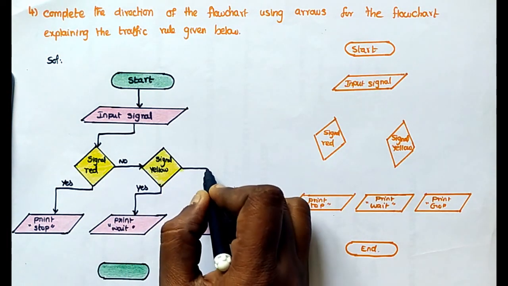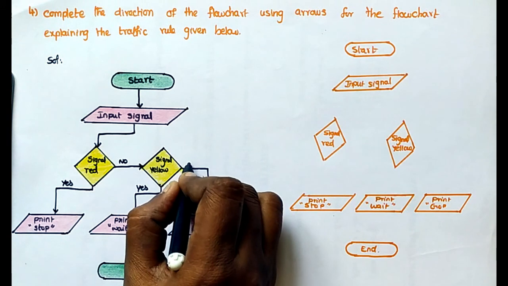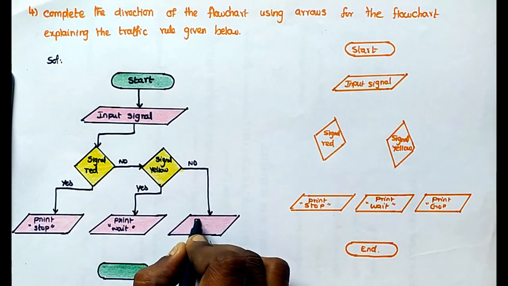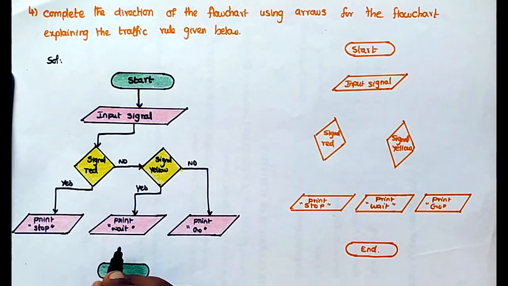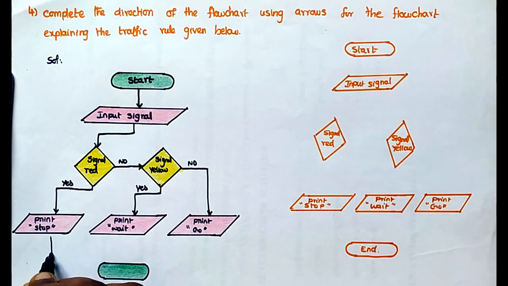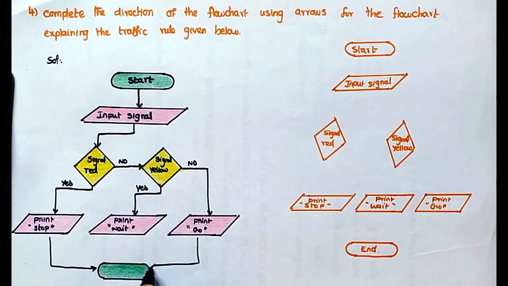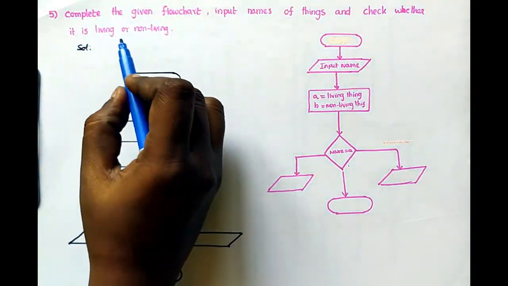No means it goes to print go. And then end. That is the flowchart for the traffic rule. That is the answer.